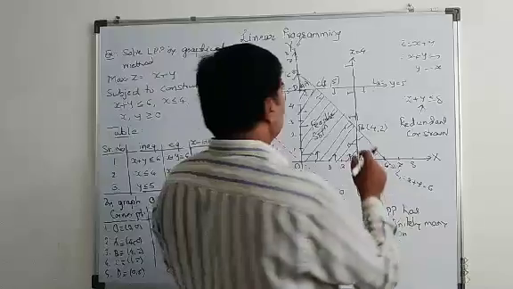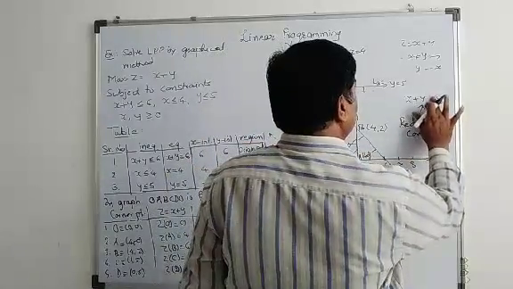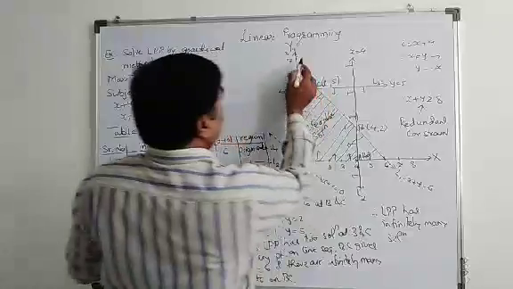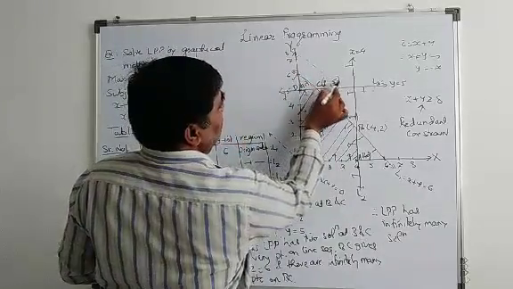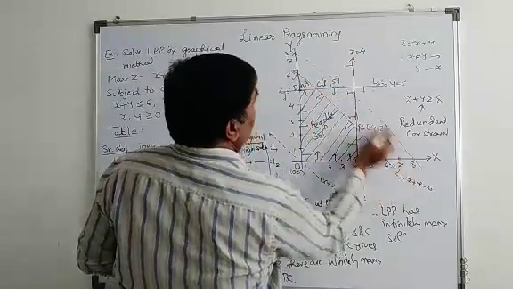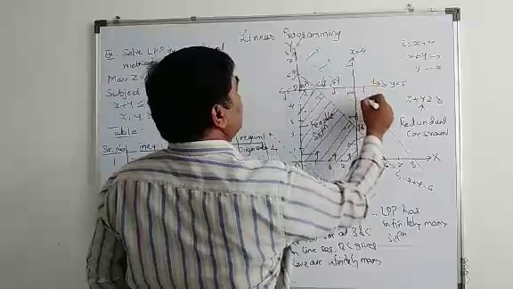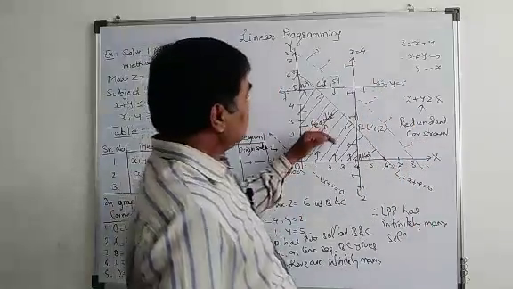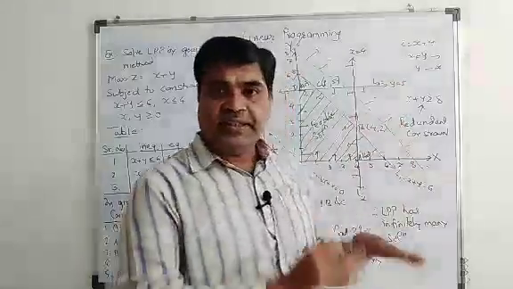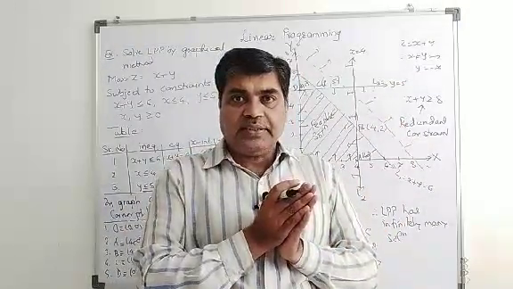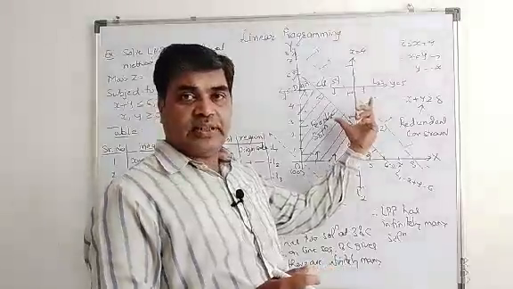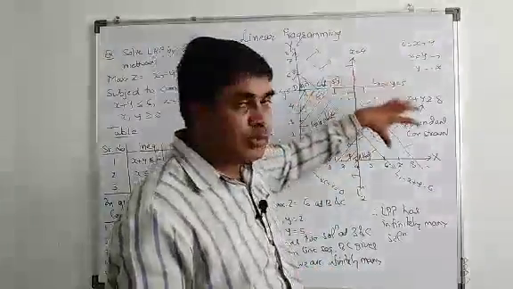In fact, suppose this same inequality is of type greater than or equal to 8. Then I have the line x plus y is equal to 8, and I'll get this side region for that. Then this part and this part don't intersect, which means there is no common intersection region for all inequalities together.